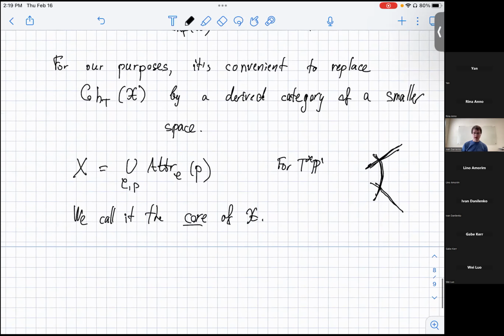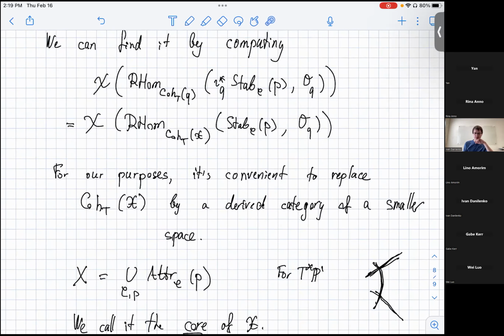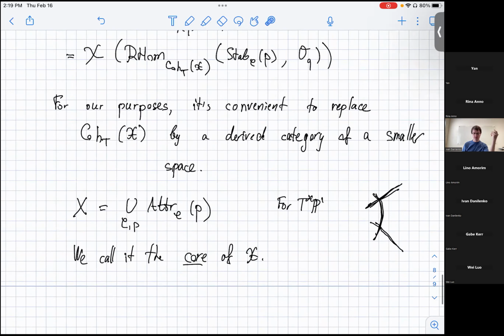And why is it valid for our problem? Because I want to compute Homs between two classes, and these two classes naturally come as push forwards from the core.